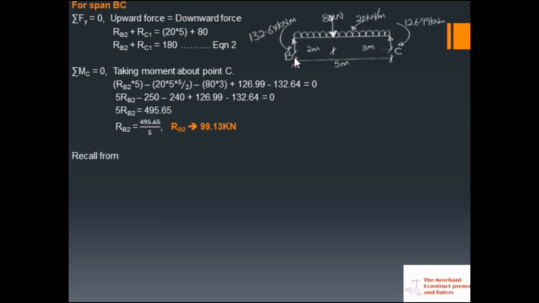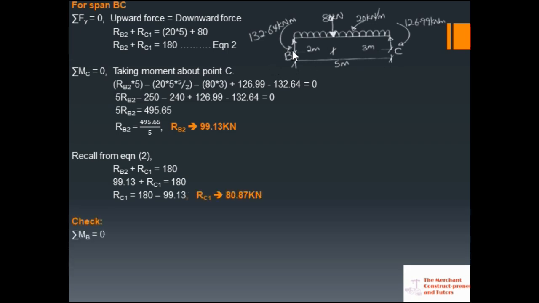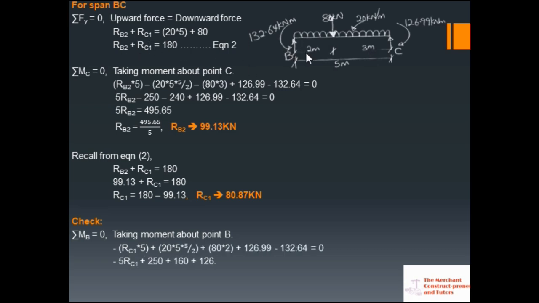RB2, as we called B1 in span AB, so you are calling this one B2 now. Then this is C1. So RB2 plus RC1, upward force equals downward force, equals 20 times 5. So this is what we got here. I hope you understand.